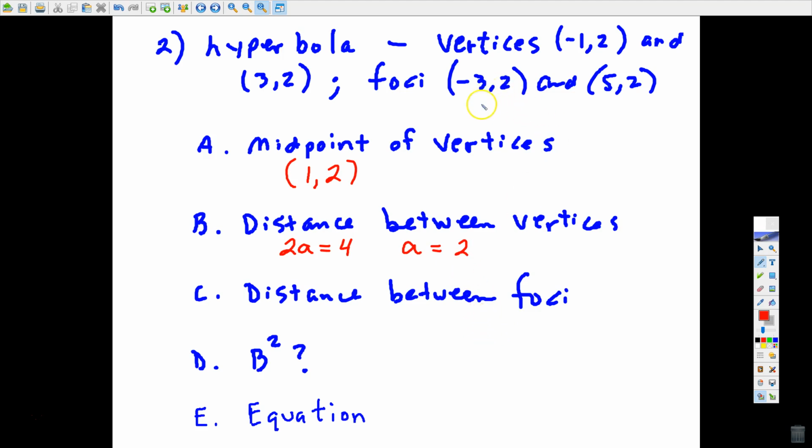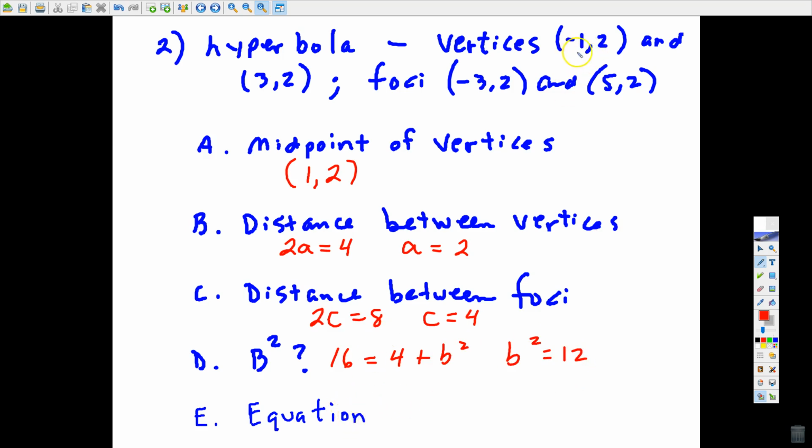All right, do the same thing with the focal points. You can probably tell that that's a total of 8 spaces away from this point to this one. So that's called 2c. So c is going to be half of that, of course. And now we solve for b squared. c squared is equal to a squared plus b squared. b squared then has to be 12.